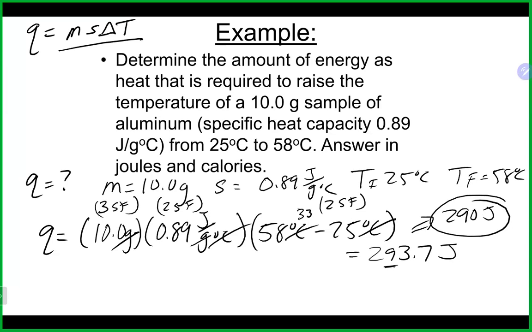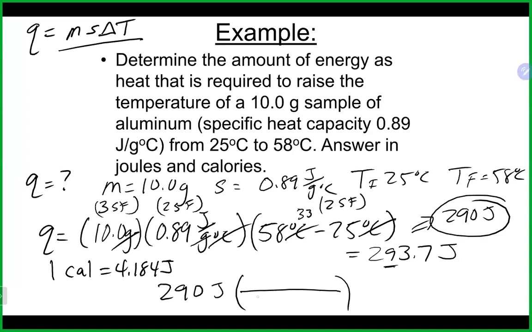We also want to convert it into calories. So that is where you need to know that 1 calorie is 4.184 joules. I'm just going to use the rounded number at this point since I have it. We're going to take 4.184 joules on the bottom, 1 calorie on top.